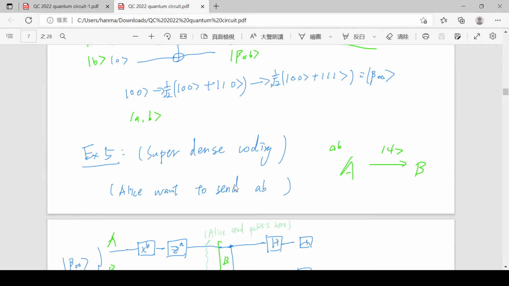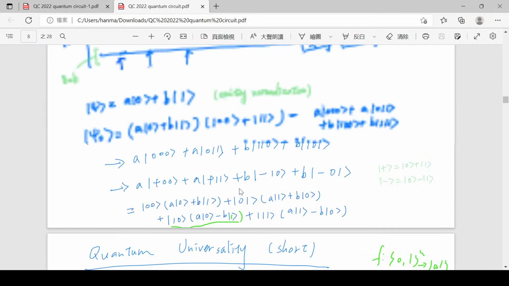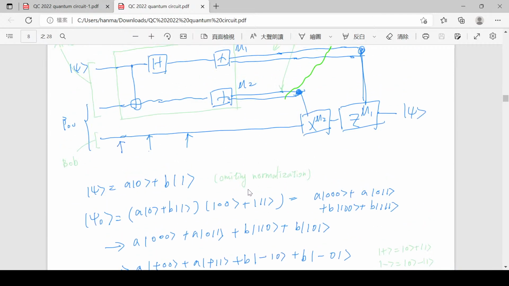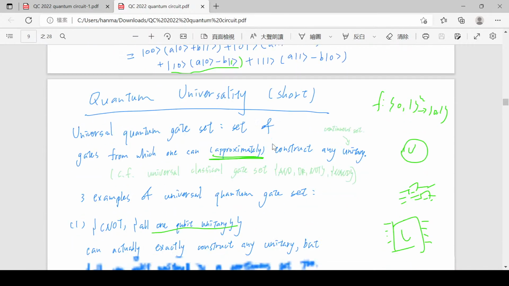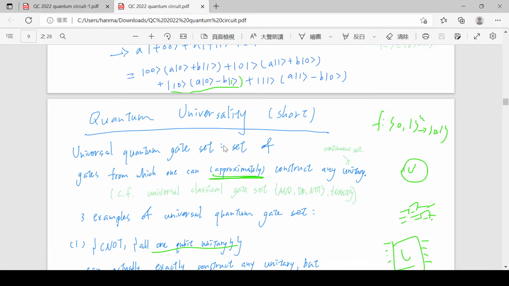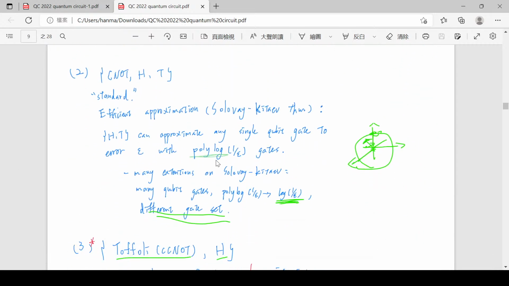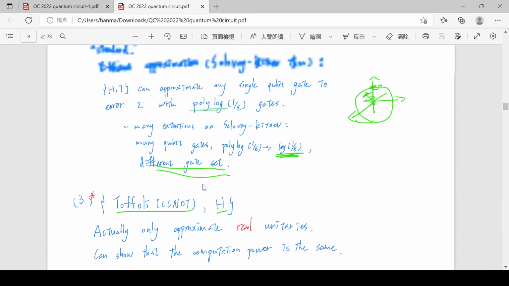Okay, and we see this superdense coding example once again. So, any questions on this quantum circuit model? If not, then we have this short page on quantum universality. There is some set of quantum gates that is universal for quantum computation.